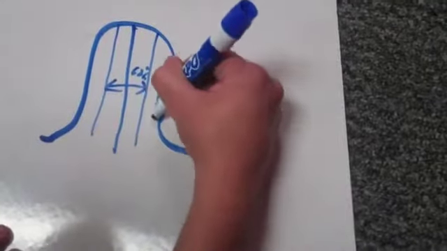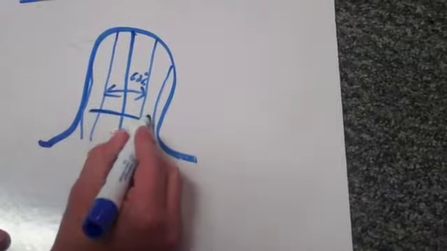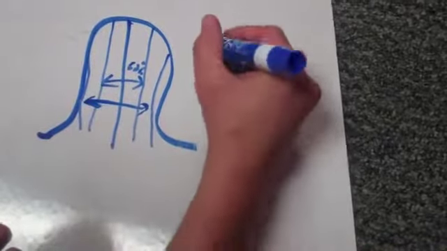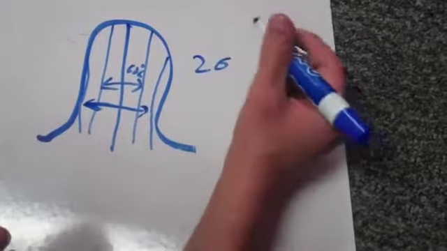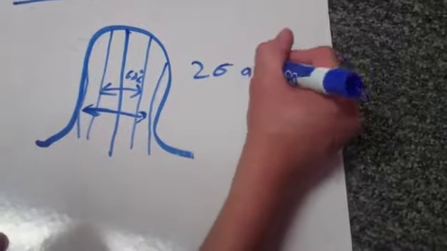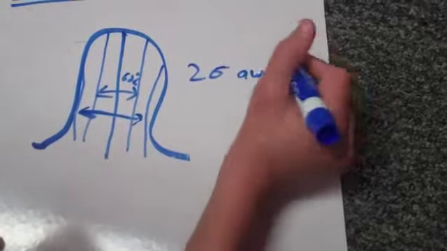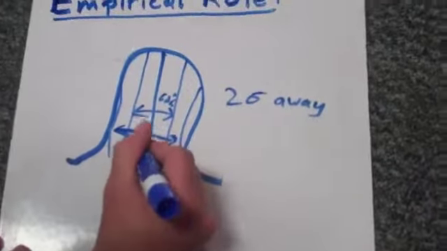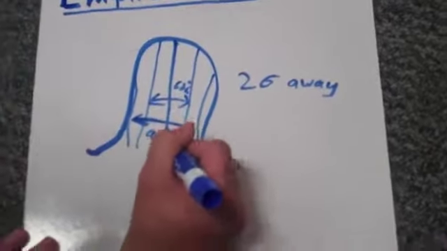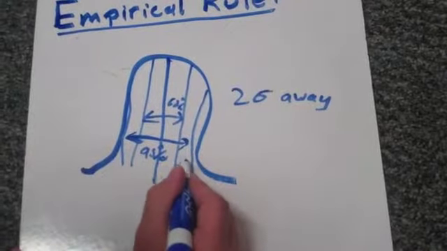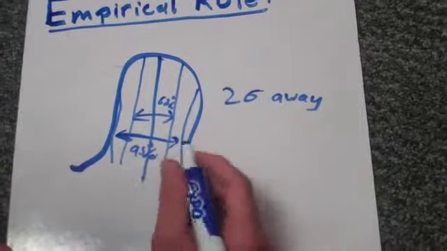In this portion right here, which is 2 standard deviations away, you will have 95% of your data.